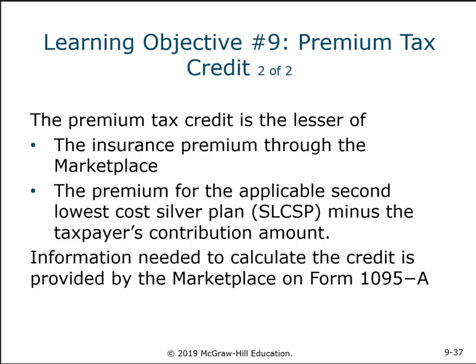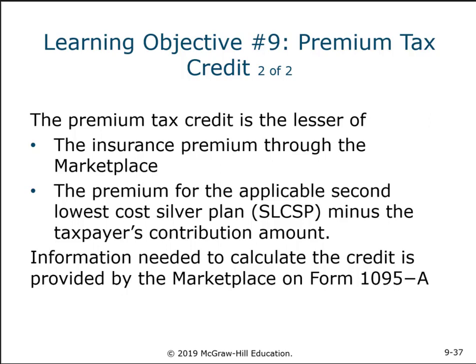So if your credit was $400 to go against payment of the premium of $500, and it should have been $450 each month, then you'll take that $50 you were under credited times 12, that would be $600, and you would get that as part of your refund. If instead you were given a $400 credit each month and your credit should have been $350, you'll end up paying.